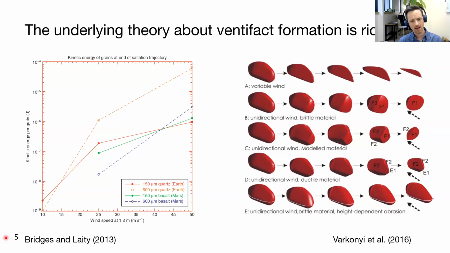And then on the right-hand side is an example of a numerical study looking at how the material properties of the object being abraded, as well as the wind direction, can influence the evolving morphology of these features.